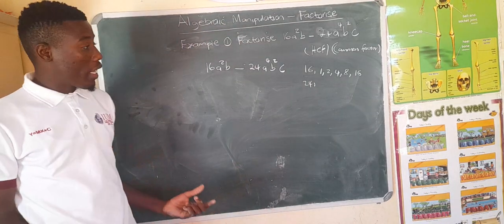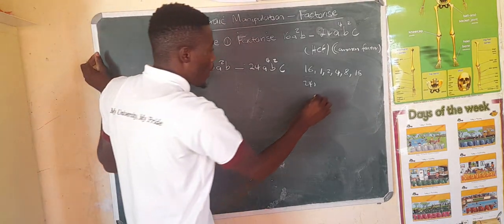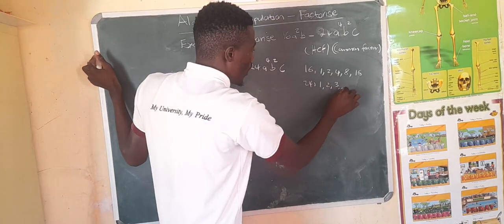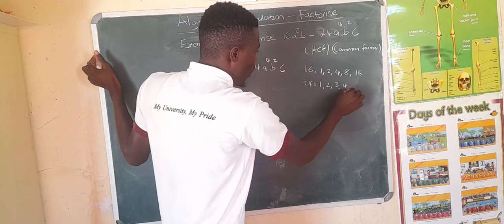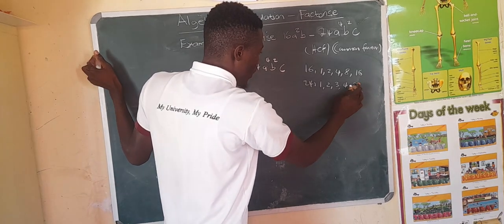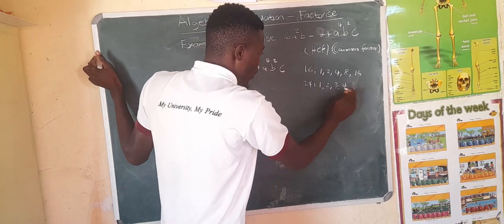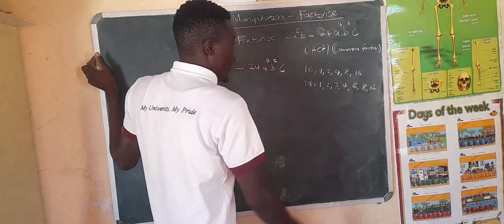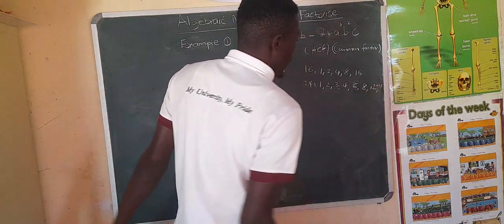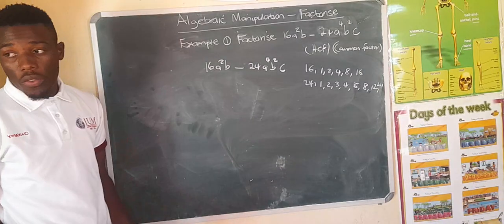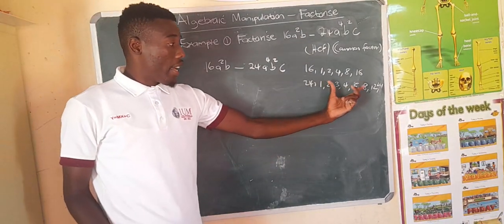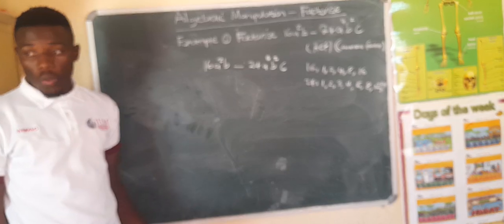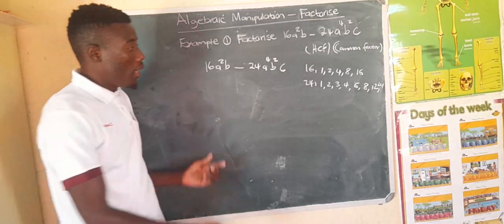And then 24: 1, 2, 3, 4, 6, 8, 12, and 24. Those are the factors of 24. Now let's find the highest common factor of 16 and 24. What is that? 8.